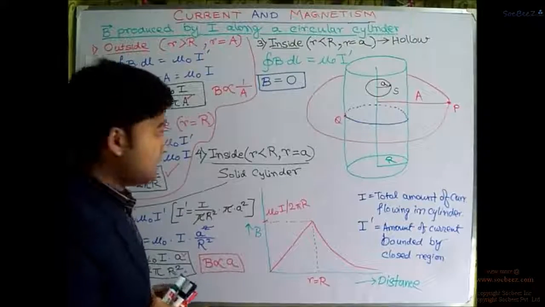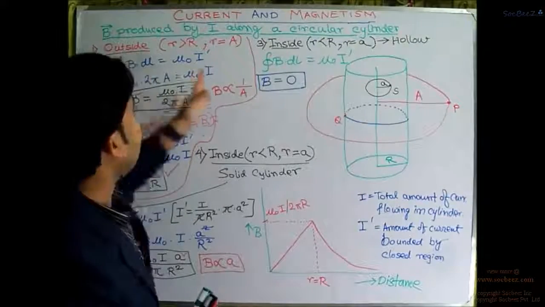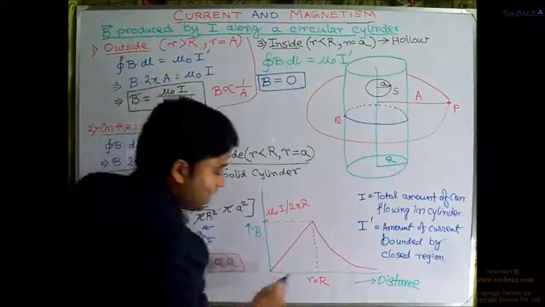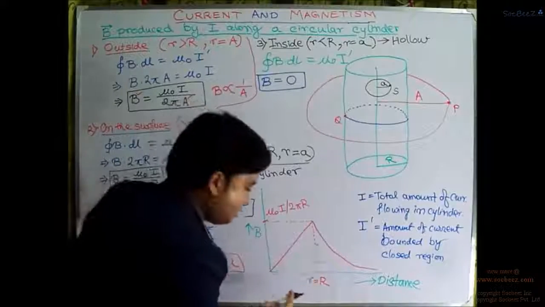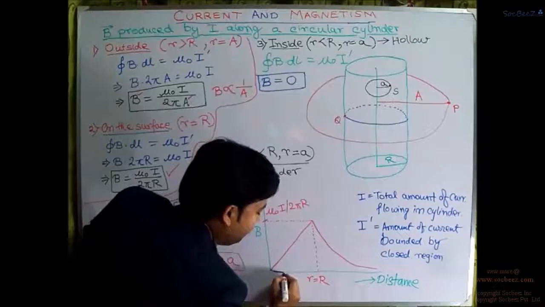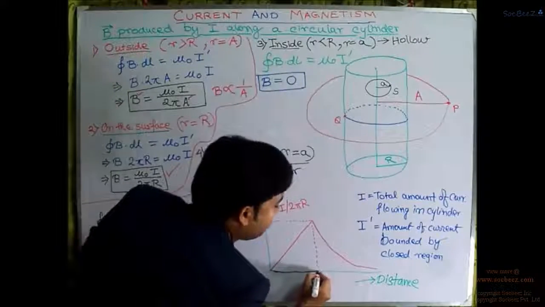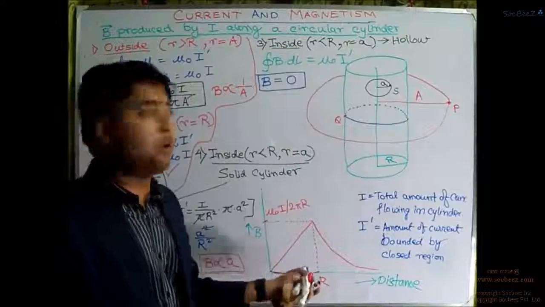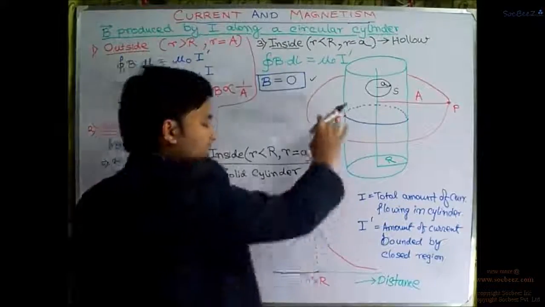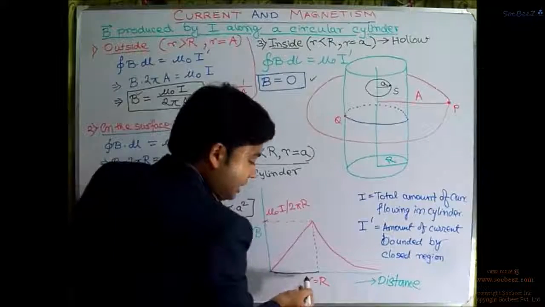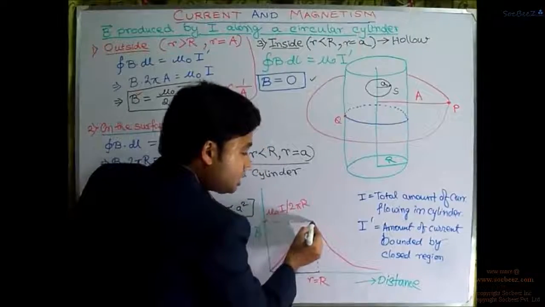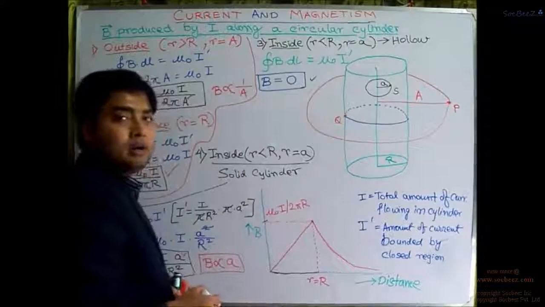Now in the case of a hollow cylinder, up to the surface the graph will be just along here. The value of B will be 0. Just as we reach the surface, where r equals capital R, it will be at this point.